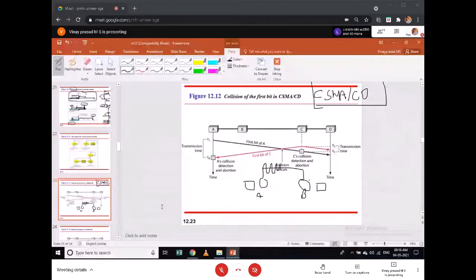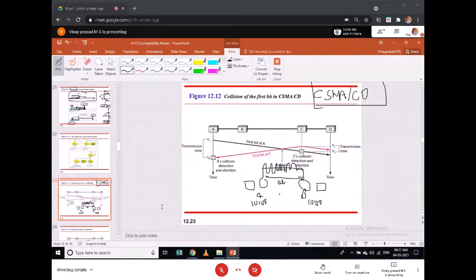Let us consider the propagation delay from A to B is 1 hour. At exactly 10 o'clock, both stations transmitted their data.